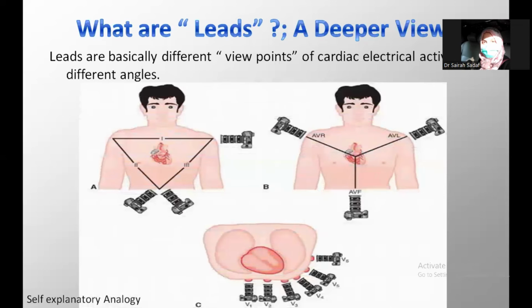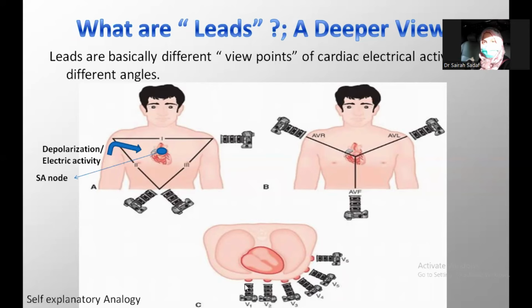Now, let's have a look at this self-explanatory analogy. As we all know, the SA node initiates the electrical activity. Depolarization starts here, right? And then it spreads across the myocardium, like this. Now, these are the electrodes placed here, as you can see, the smaller ones here.